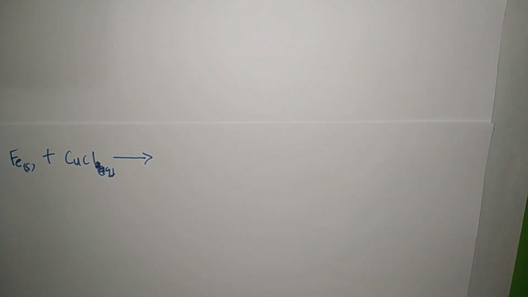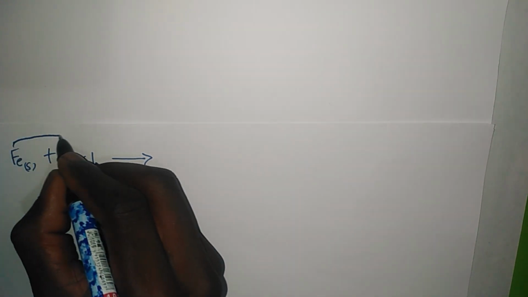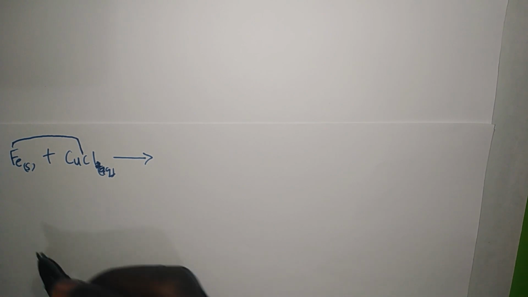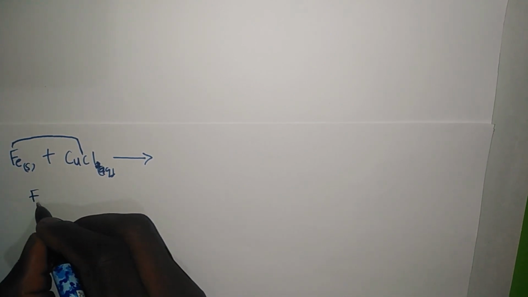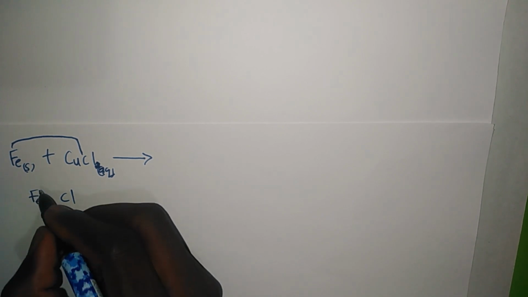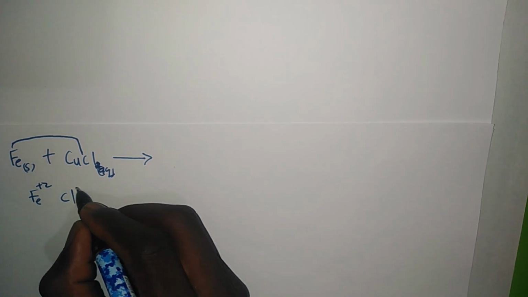To predict the product of this reaction, we know that copper and iron, both of them are what? Transition metals. So iron will replace copper, and it will react with chlorine. So therefore, we have iron, we have chlorine. Iron is +2. Chlorine is -1.